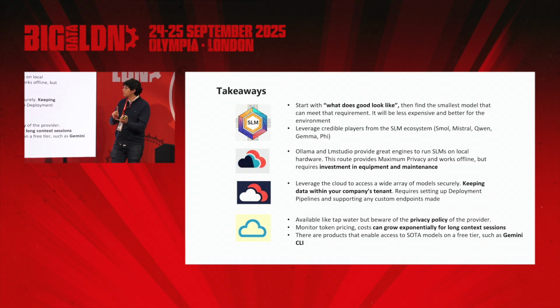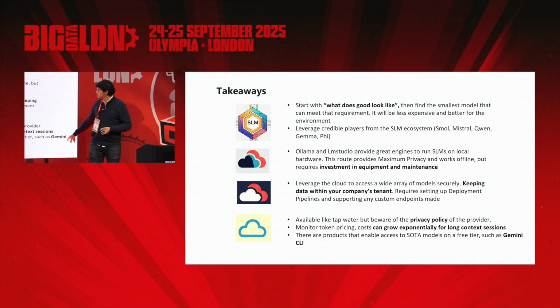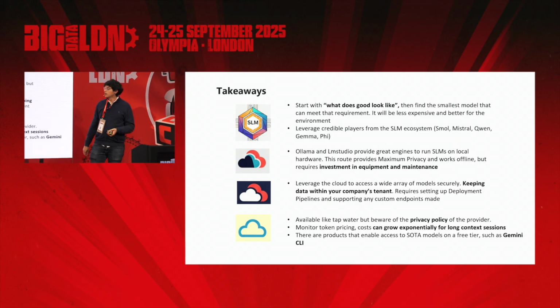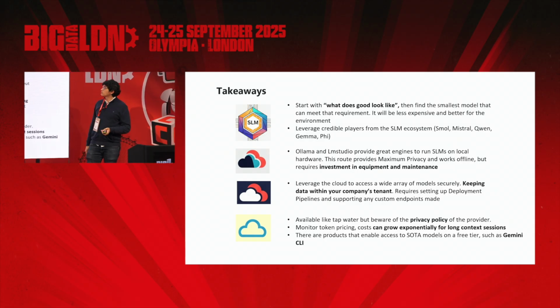Look out for yourself on privacy. Look out for yourself with token pricing, especially for long context. In general, I never really recommend long context conversations because even the model will perform worse. And if you're going to do this, try to leverage something like Gemini CLI or Claude Code. Sometimes they have very generous free tiers.